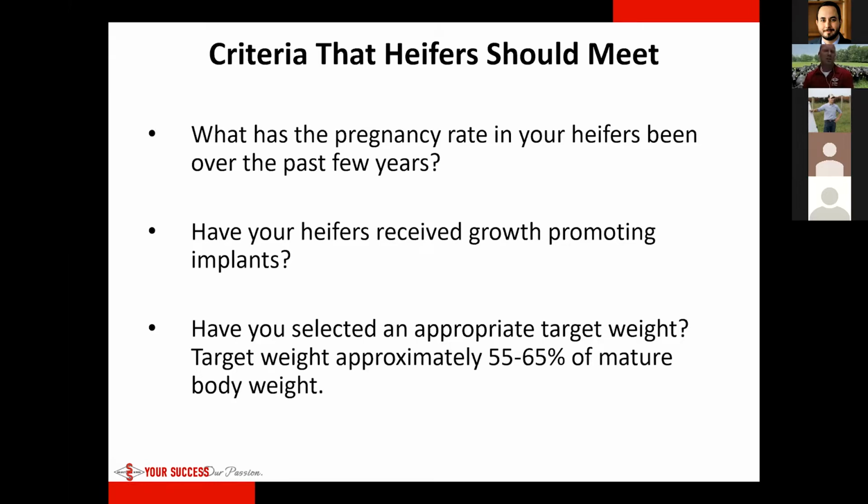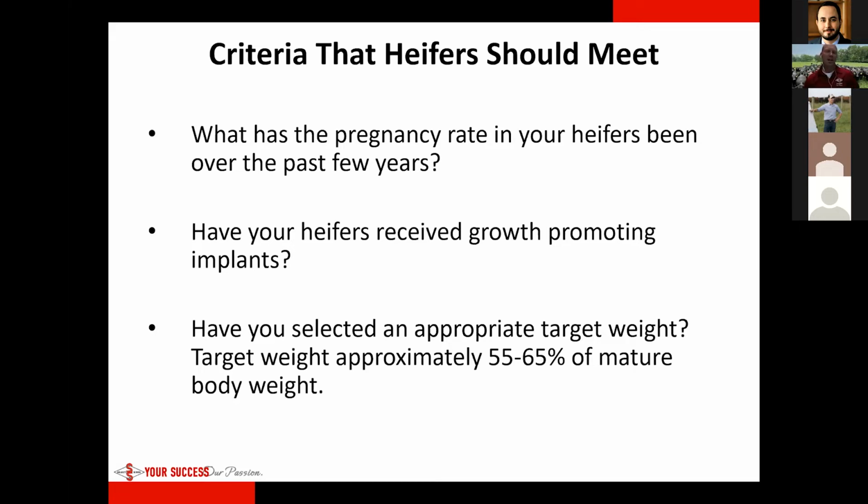If you're struggling to get 75 to maybe 80% of your heifers bred in what I would call a controlled breeding season, a 60 to maybe 80-day breeding season, there's probably some other things we need to address before we start a synchronization program, before we start an AI program. Ideally, you'd want to have probably 85 to 95% of your heifers conceiving in a 60-day breeding season to be good candidates for an AI program.